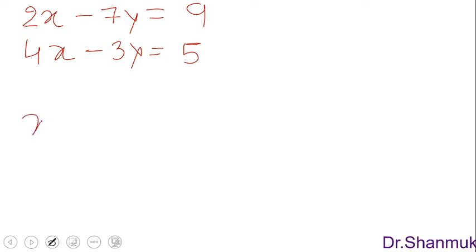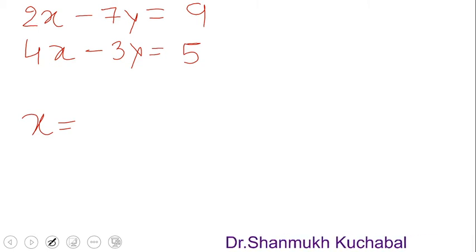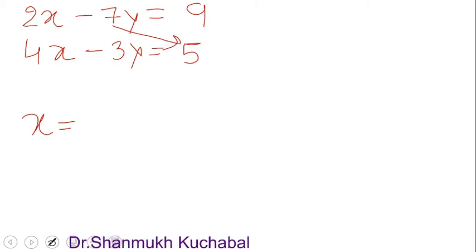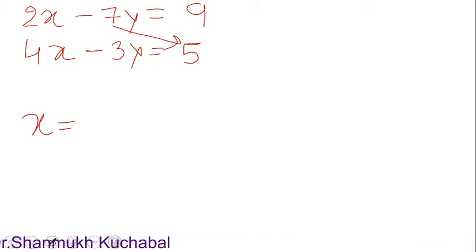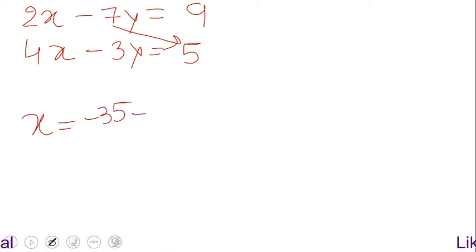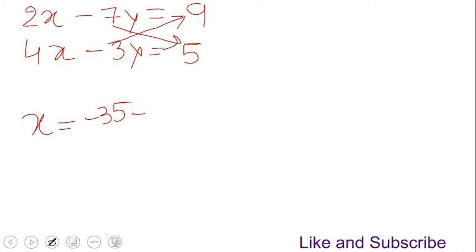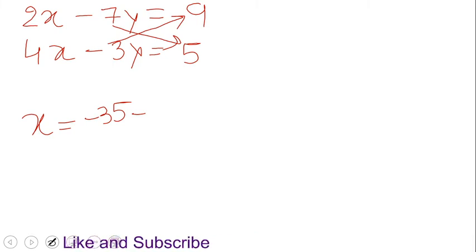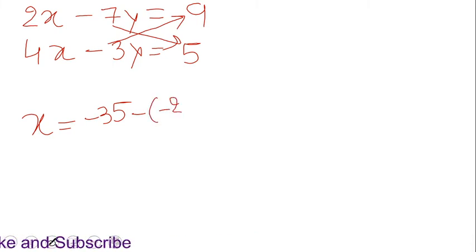Then we get x equal to the y coefficient multiplied with the constant here. First step, 7 into 5, minus 7 into 5, minus 35, compulsorily minus sign. Then just the opposite process, from left bottom to right upside, we have to multiply. So minus 3 into 9, we get minus 27, divided by.